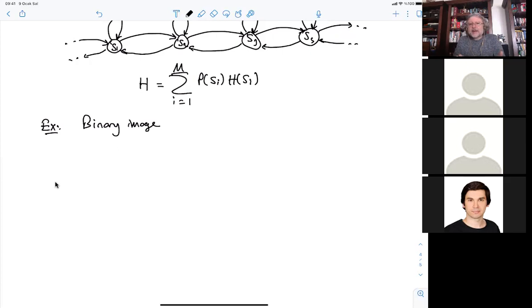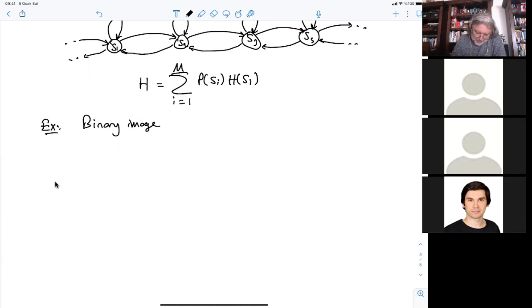But if we use the formalism of Markov chains, we can see that there must be ways, we don't know what that way is yet, but there can be ways to represent this binary image with less than 1 bit per pixel. And how do we do that? So the binary image Markov model is actually like this.